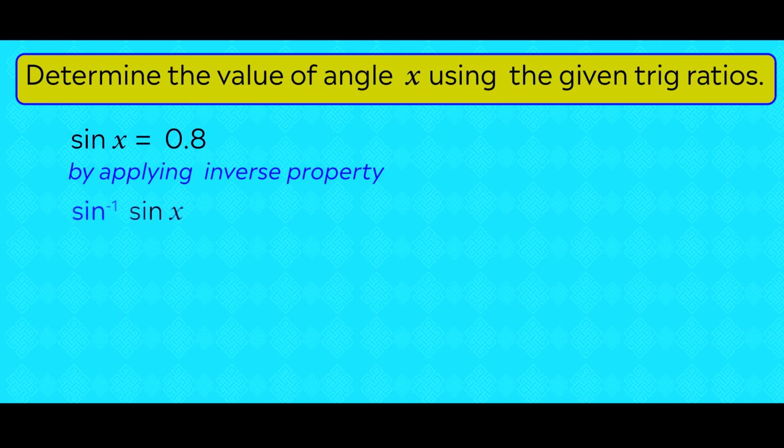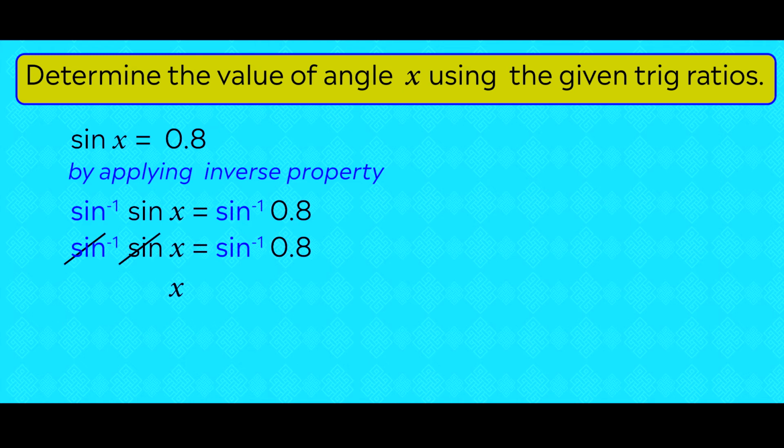That is, we introduce sine inverse on both sides of the equation. Upon simplification, we get x in the left-hand side, whereas in the right-hand side, we have sine inverse of 0.8. We calculate the value of x using a scientific calculator to calculate sine inverse of 0.8. And finally, we get the value of x as 53 degrees.